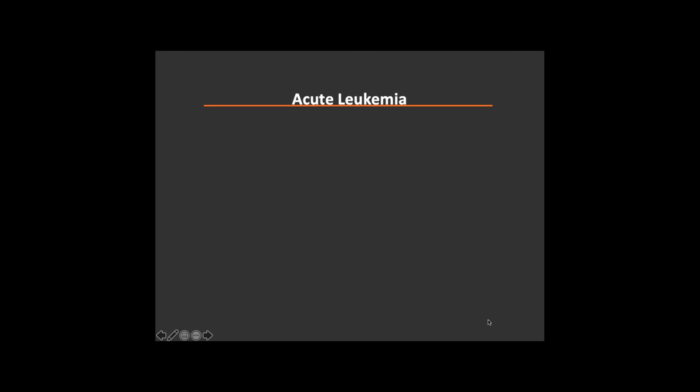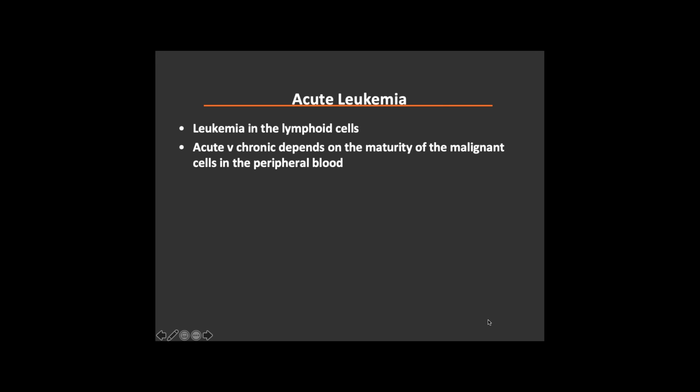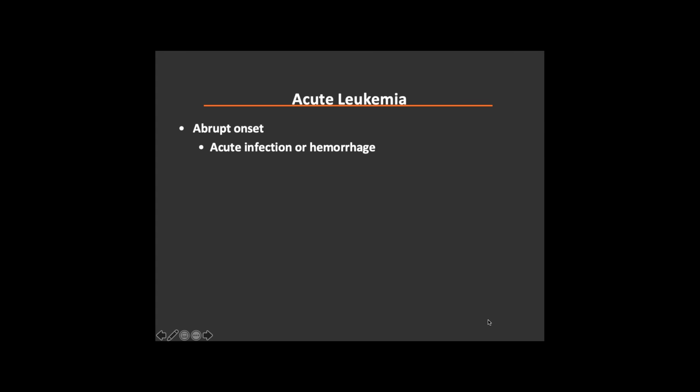So we have acute and chronic leukemia. And of course, we know that this is of the lymphoid cells, and acute versus chronic depends on the maturity of these malignant cells that are found in the peripheral blood. Immature cells allow us to know this is acute leukemia. And acute leukemia usually has an abrupt onset.